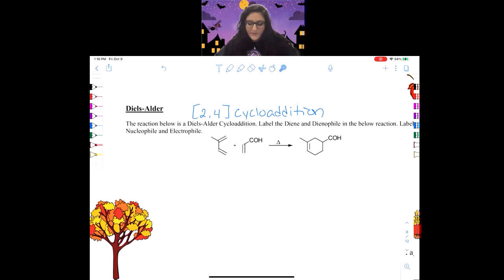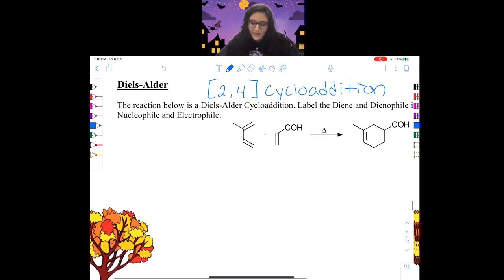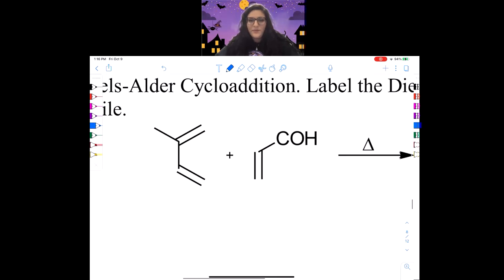So, yes, we are going to react a diene with another double bond or triple bond. And so essentially, I'm going to zoom in really close, but I'll zoom back out. So the diene is going to be the nucleophile. And it is going to plop some of its electrons and form a bond, right?